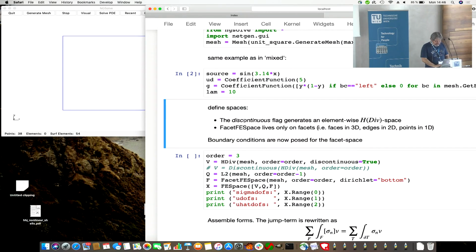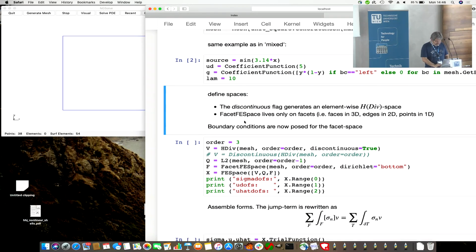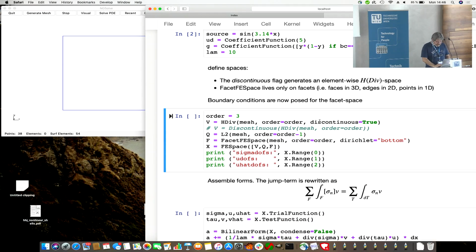We're breaking continuity of the HDiv space now. The same element basis functions, but not constrained over the edges. For a long time, you could do it by setting the discontinuous flag to true. We have added it to a few spaces, and someone forgot to add it, and then we have a new space and not added the discontinuous flag.